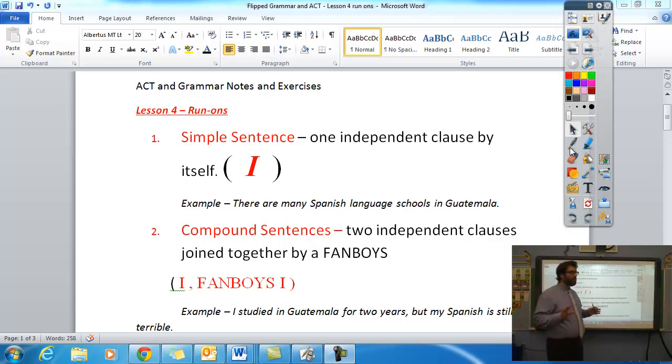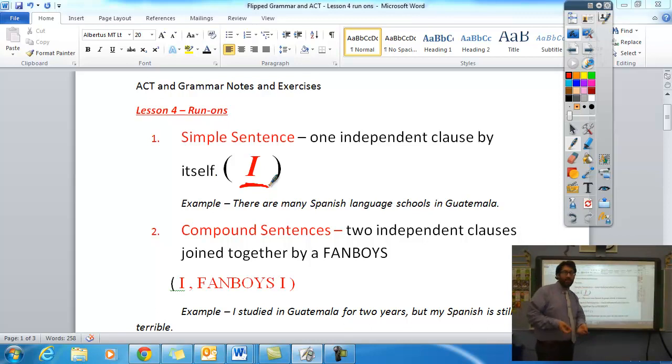Okay? So quick review. Before we get into run-ons, which are sentences that we want to avoid, let's just review real quick the sentences that we want to work on building. In lessons 2 and 3, we talked about simple sentences, compound sentences, and then complex. Simple is just one independent clause.